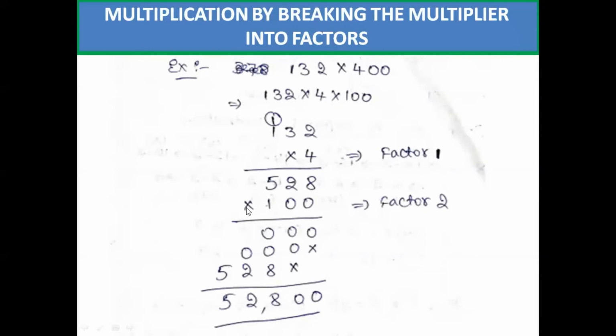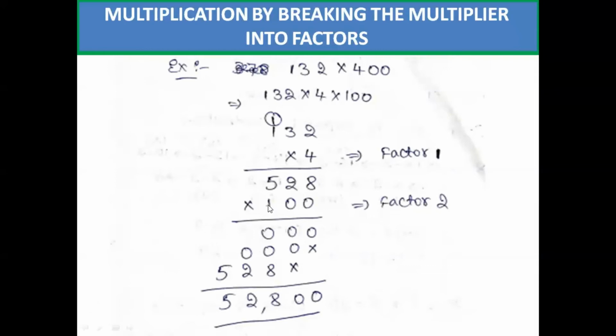Now we have to multiply with 100. Okay. 0 into 8 how much? Always it will be 0. 0 into 2, 0. 0 into 5 always 0. Step 2 also like that. 0 into 8, 0. 0 into 2, 0. 0 into 5, 0. This is the second row.